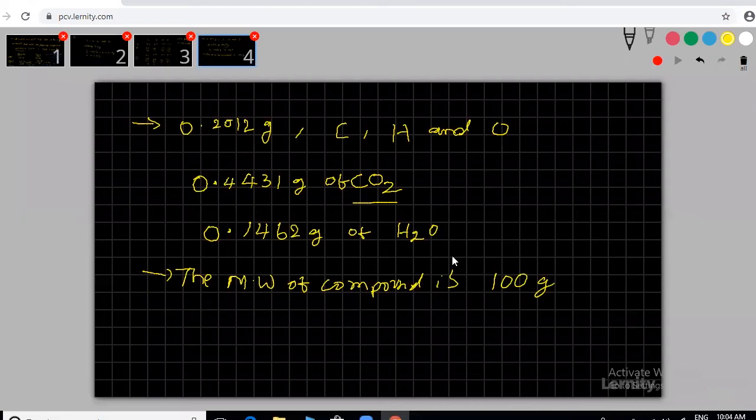Find out the empirical and molecular formula.